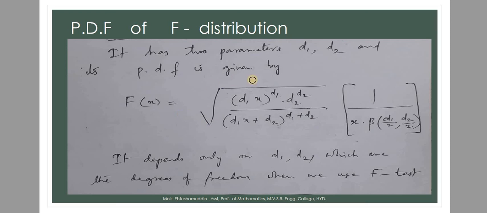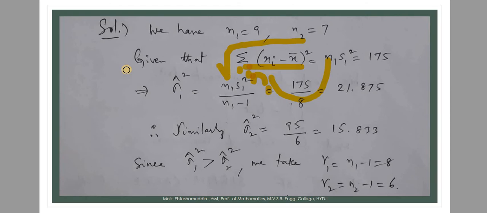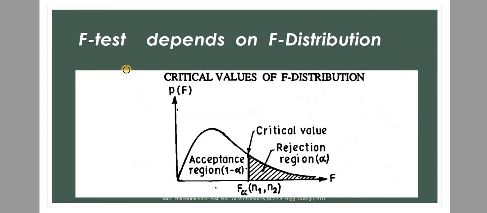And it is clear we are taking a square root, therefore negative x values are not allowed, and hence we will have the graph of f of x only on the positive x axis. We don't take negative x values. This is the probability density function for the F distribution, and interested students can see the graph of it.